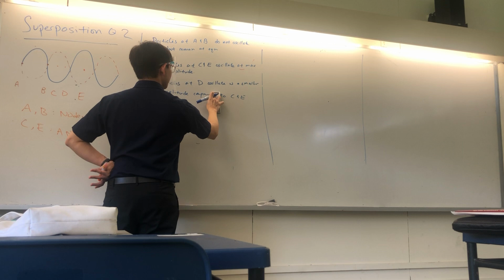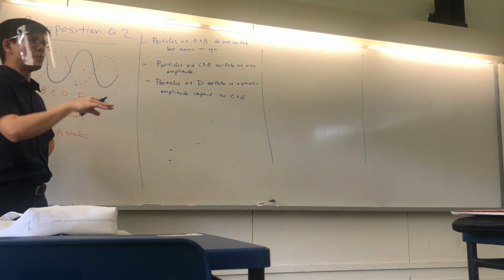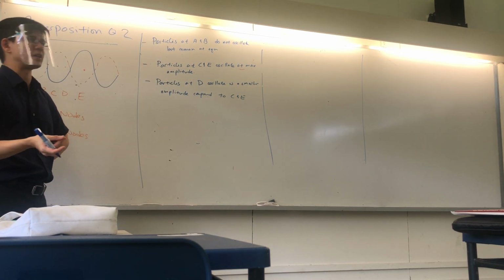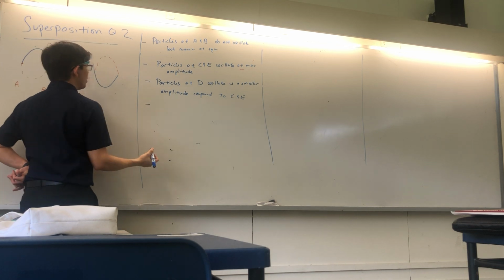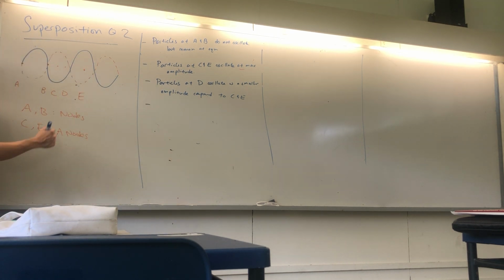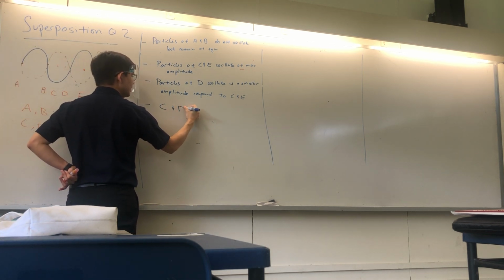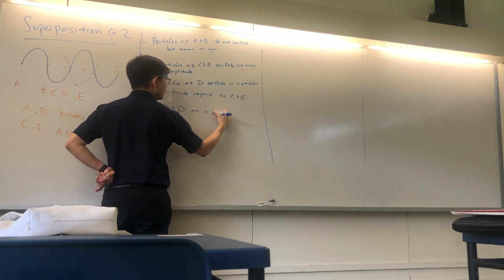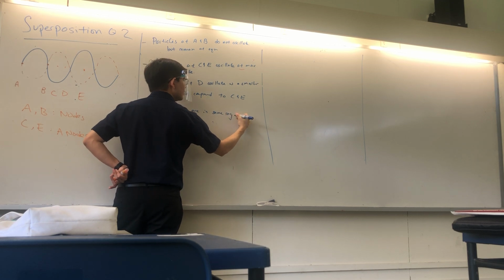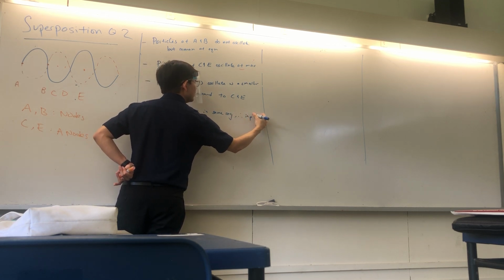Can we talk about the phase difference? Yes, now we talk about phase difference, because now we're only talking about the oscillation. So who and who are in phase? C and D are in the same segment, therefore in phase.